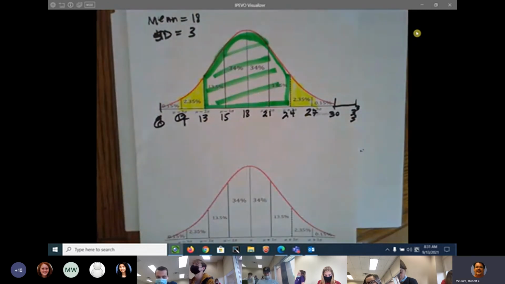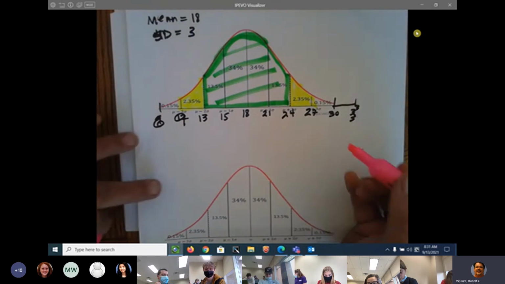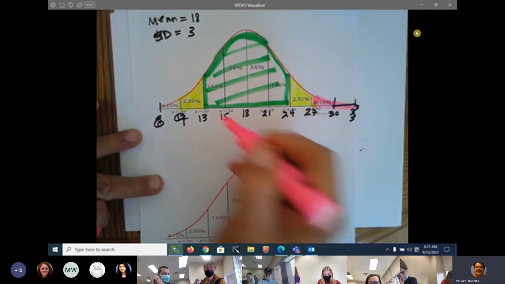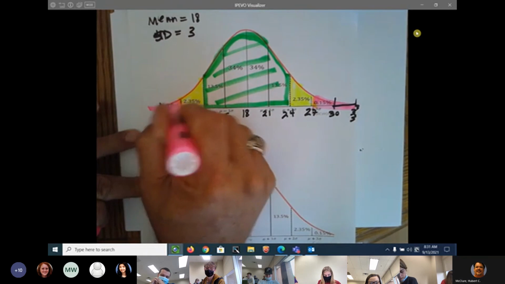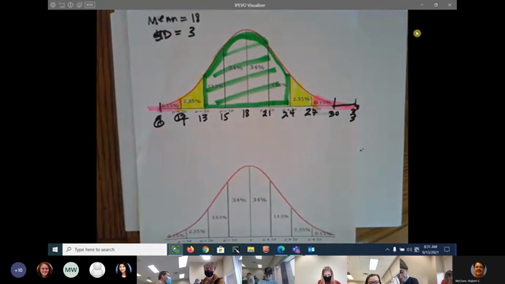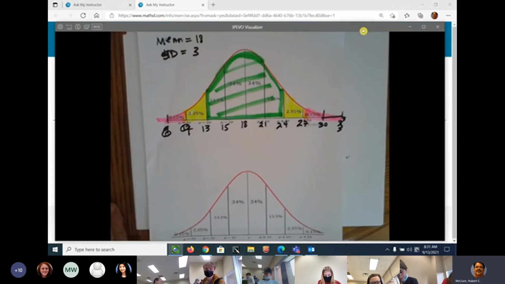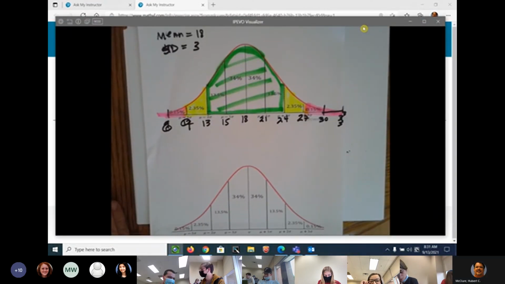And then the outlier is from 27 on and from 9 back. And the question says, what is 27? So somebody tell me what 27 is. Outlier. 99.7.